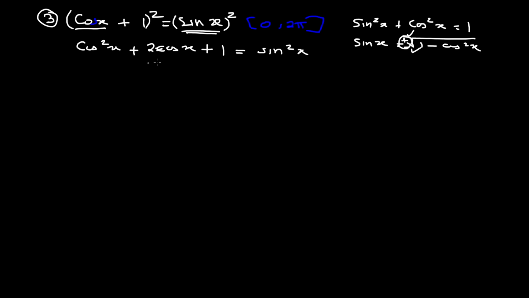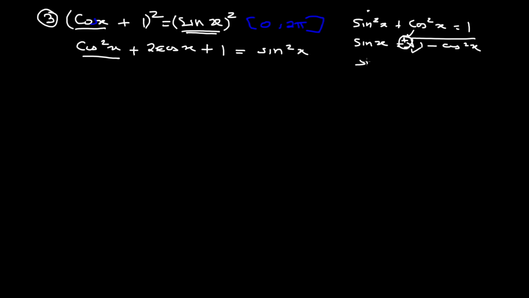We reach another hurdle here because if I simply went and replaced cosine here with sine squared x, it means that I'll have sine there, but I still have cos x here. So I still have the two variables that I don't want to have. Okay, so I need to replace the sine instead.